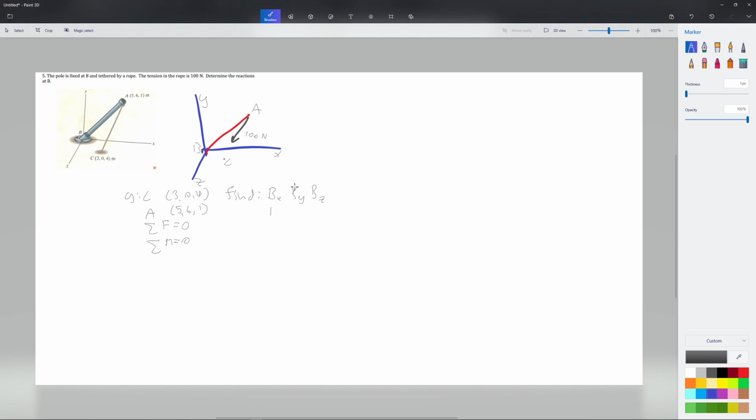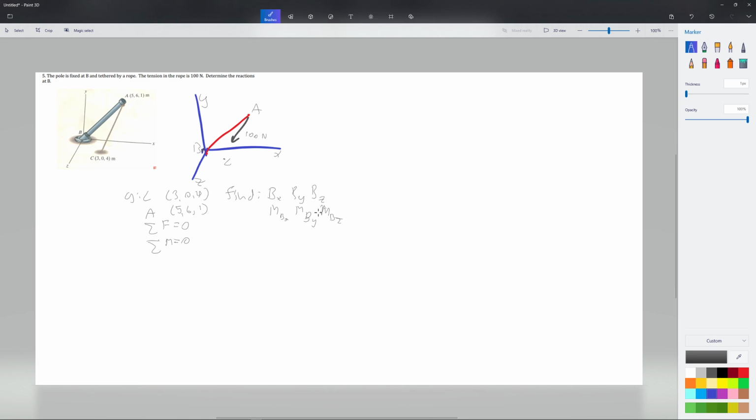We've also got moments, and we're just going to call these somewhat crudely MBx, MBy, and MBz. That's legible-ish. First thing I'm going to do is set up an equation for the moments.